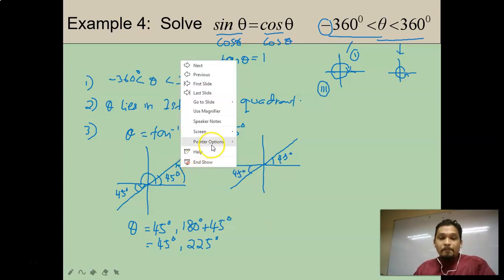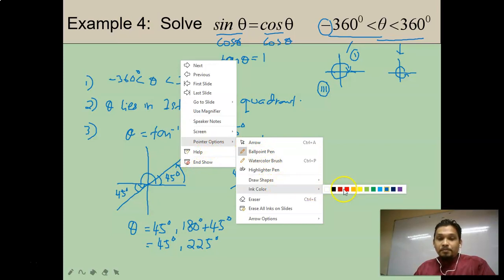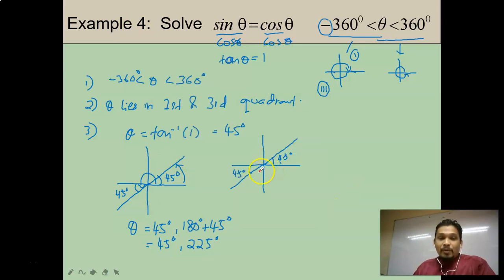For from negative 360 to 360, meaning here we are going to look at backward. And this is theta of 180 minus 45 and also 180 minus 45, and another one here. Okay, so how are we going to find this?